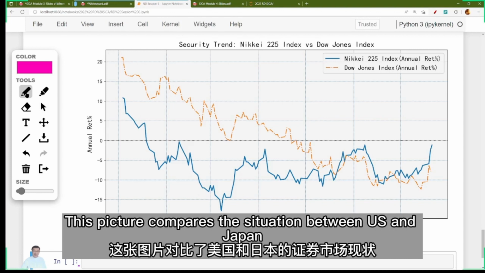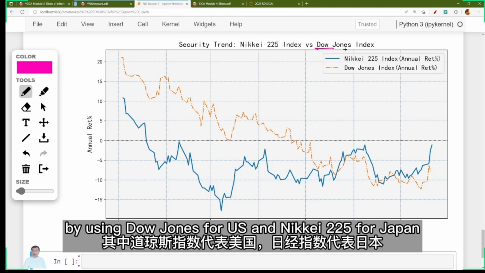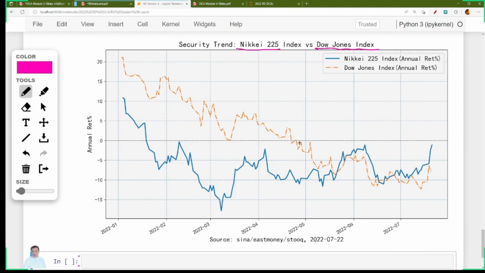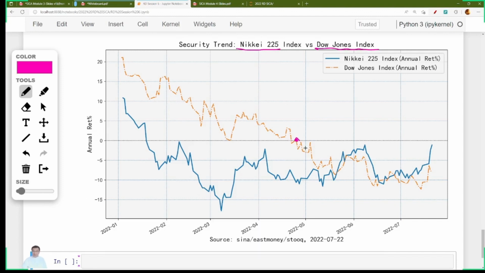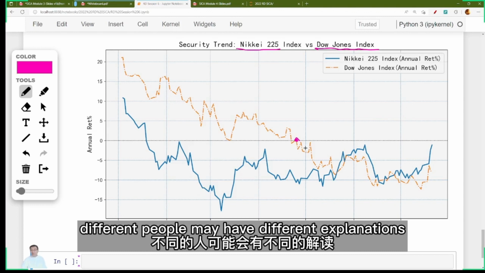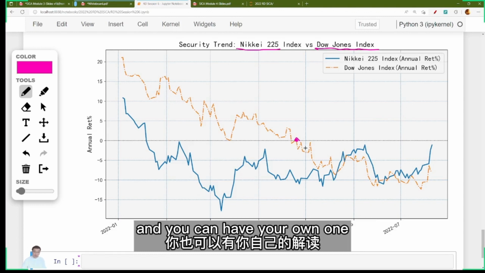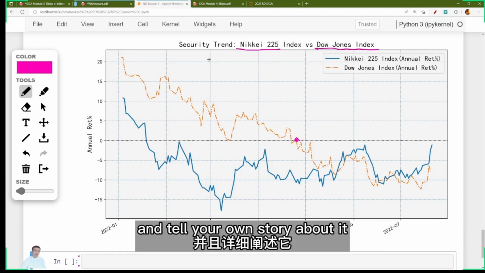This picture compares the situation between the US and Japan by using Dow Jones for the US and Nikkei 225 for Japan. Okay, this is the situation. So what do you say about this situation? Different people may have different explanations, but you can have your own one. You can tell your own story about that.